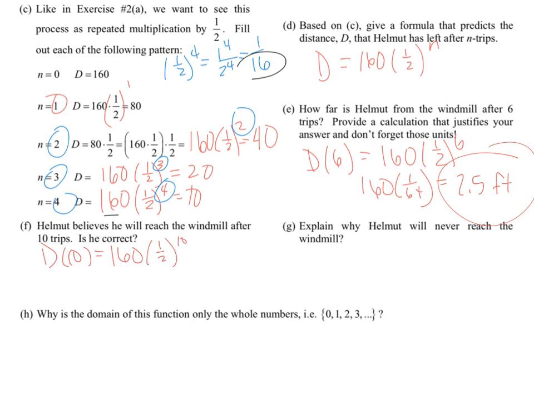So 1 over 2 to the 10th power becomes 1 over, so 2 times itself 10 times is 1024. So now I'm going to take 160 divided by 1024, and I end up with 0.15625 feet. Is that equal to 0? Nope, he will not reach the windmill.